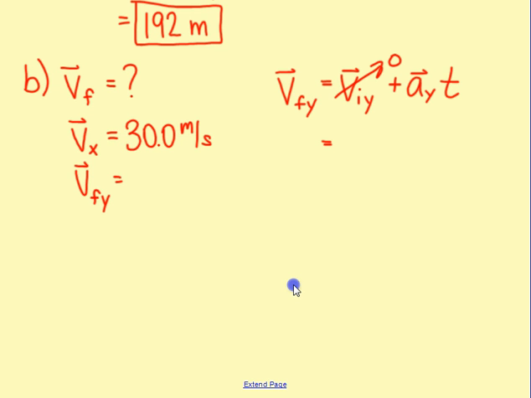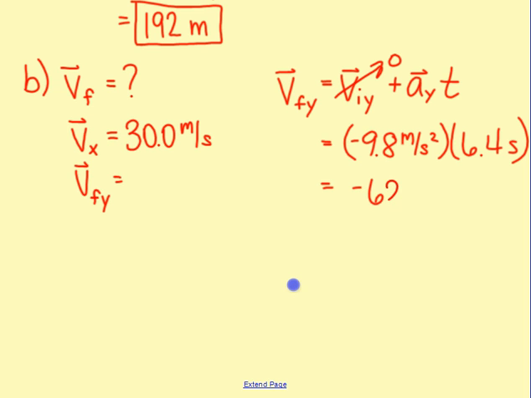That initial velocity is 0, acceleration is negative 9.8 meters per second squared, and we calculated the time to be 6.4 seconds. 9.8 times 6.4 gives me a negative 62.7 meters per second. Negative just because it's going downward.